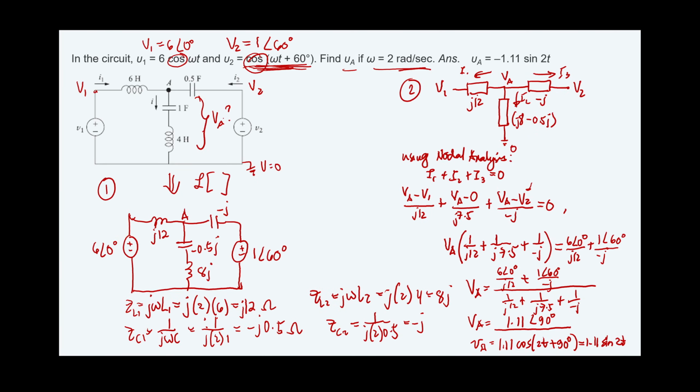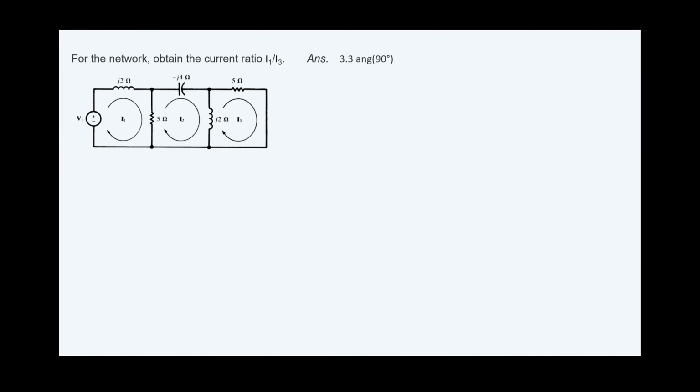I hope you find it easy at this point, and let's try another circuit. Now here the problem is to obtain the current ratio I1 over I3. So basically the goal here is to get the value of your I1 and then I3. If you notice the values in the inductor and capacitor, they are already in reactances, meaning they're in ohms.